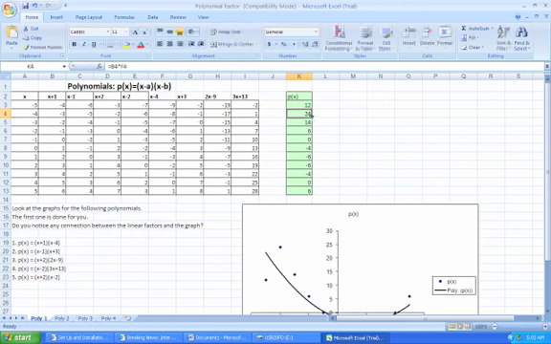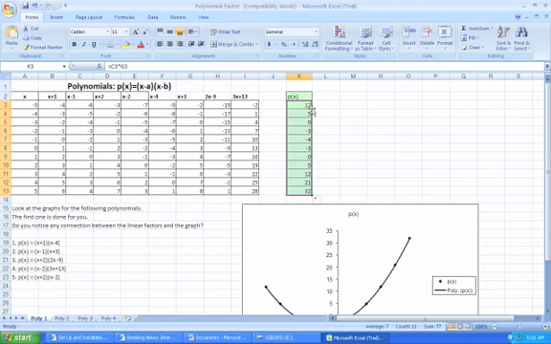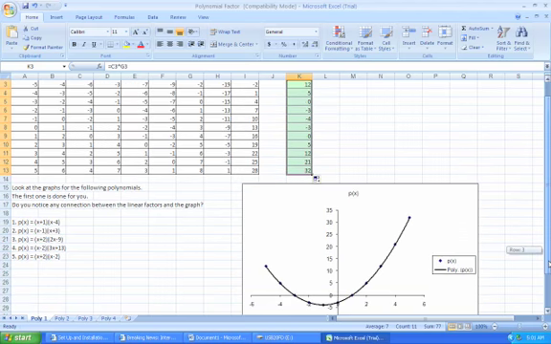Now that changed my value up here in this line, but what I need to do now is double click this with the little crosshairs on the lower right hand corner, and notice that all of my values changed, and at the same time below our graph also changed.